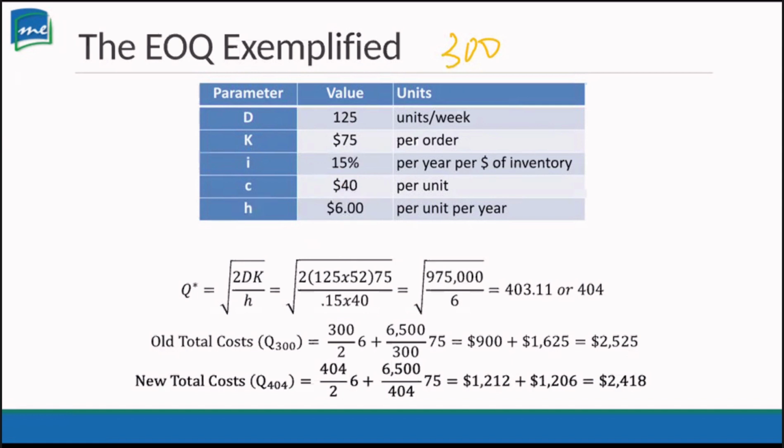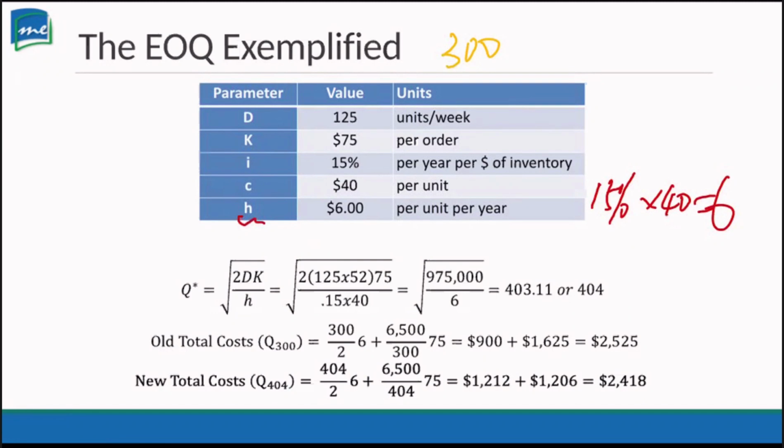So the holding cost will equal 15% times the $40 per unit, then it's $6 per unit. So this is the holding cost. We have small h here, the holding cost.